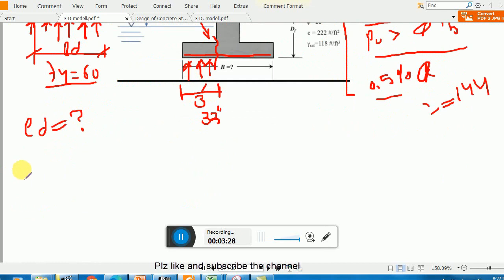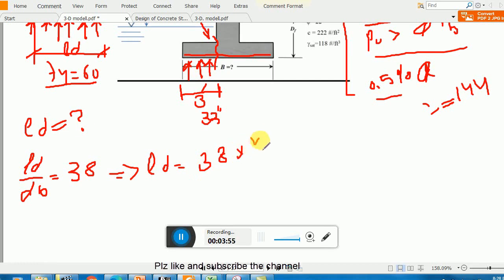To calculate LD, we have the Nielsen book at the end and a table. From that table we can easily calculate our LD. We find the ratio LD divided by dB from the Nielsen book ACI table. This is for tension, remember, and it is 38. Once we find it, multiply by dB, the diameter of the bar.